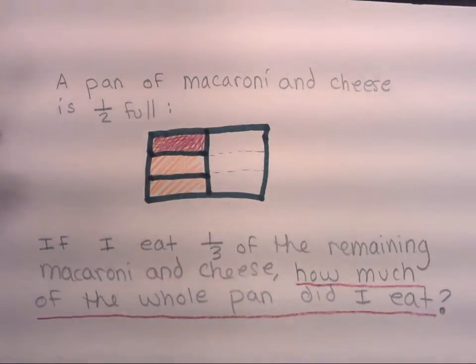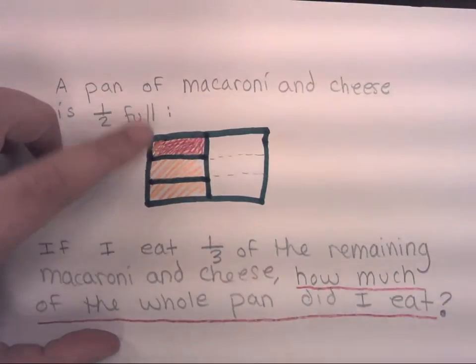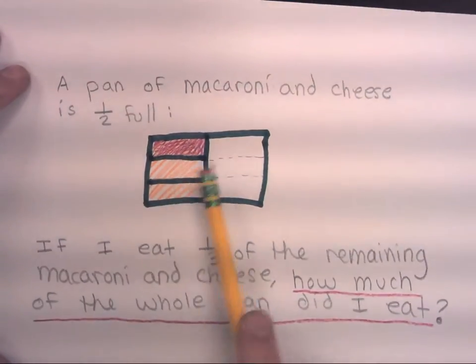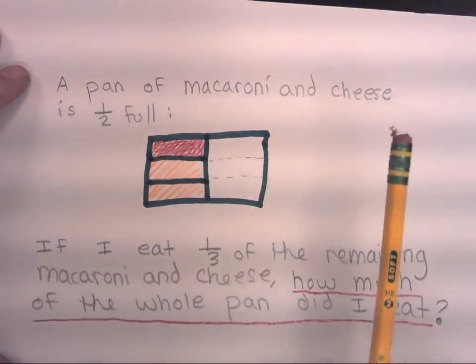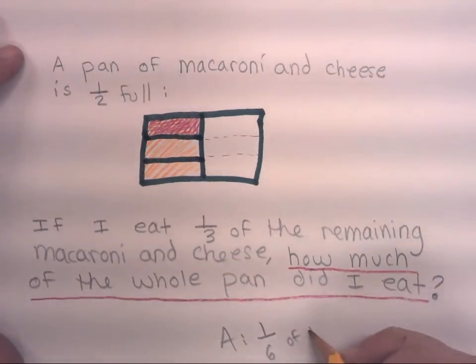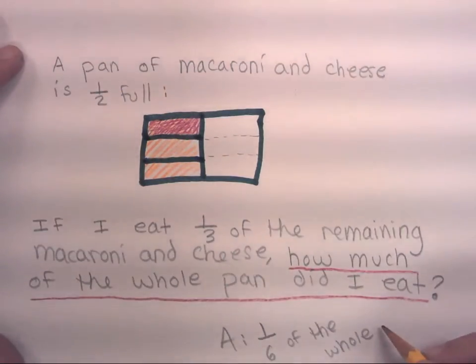And once that was done, students realized that this piece was one out of a total of 6 pieces. And so the answer then is that that piece would represent 1/6 of the whole pan.